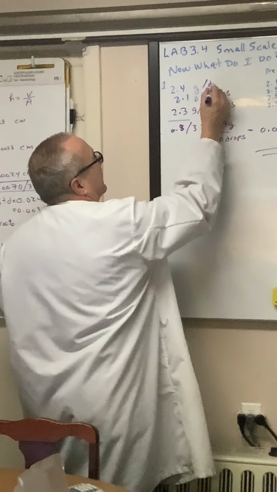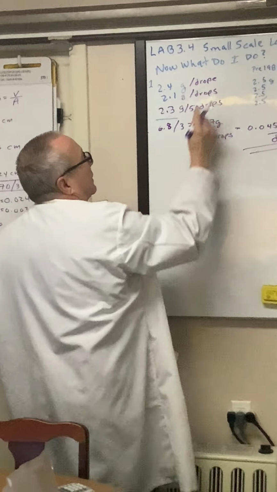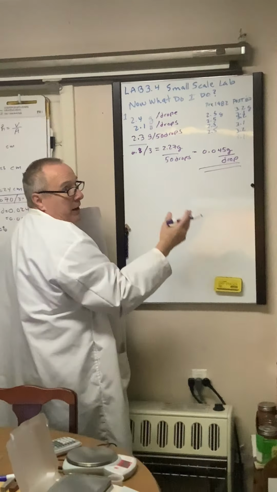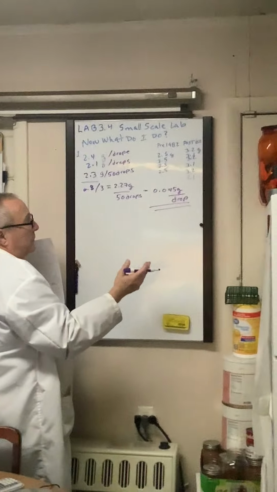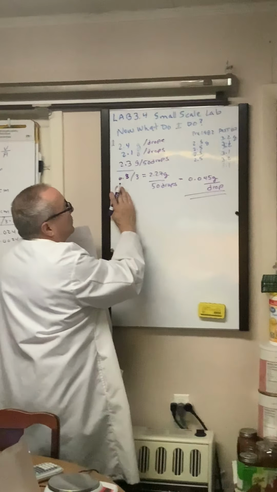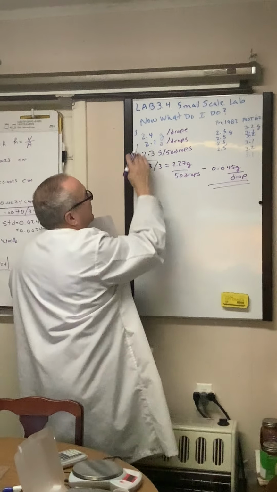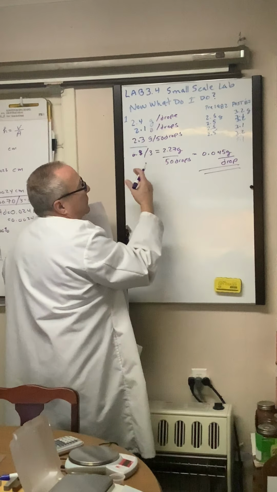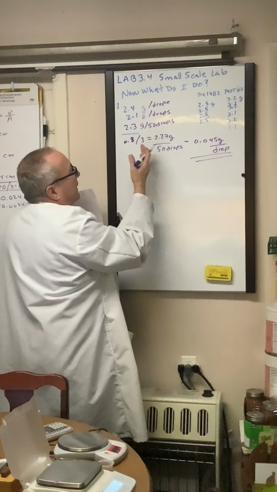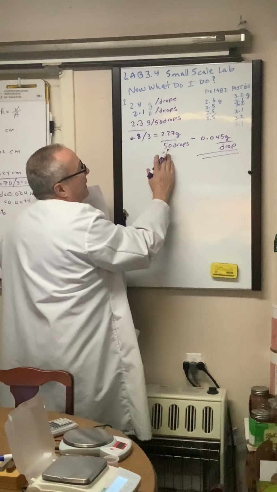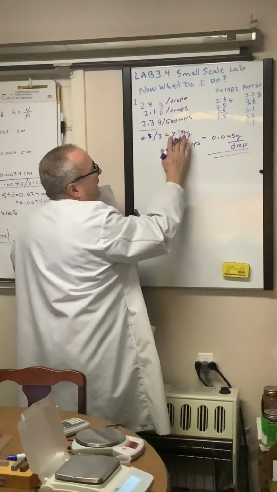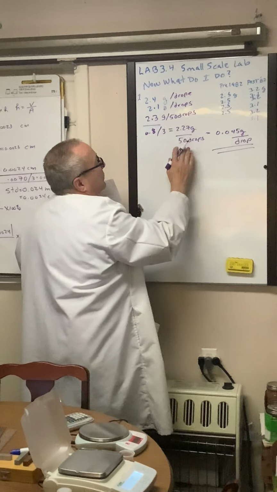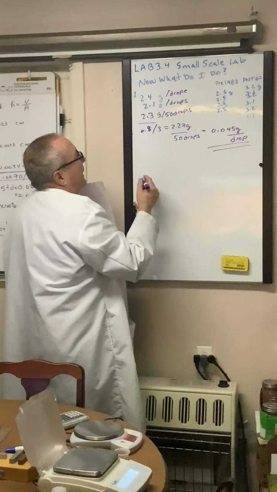I can go ahead and calculate the mass per drop and then add those up and divide by the number of experimental trials, or I can just do my easy math, add up the numbers that I got, divide by 3. I could increase my accuracy maybe if I did it 5 or 10 times, and then divide that average for 50 drops by 50 drops to get my mass per drop.